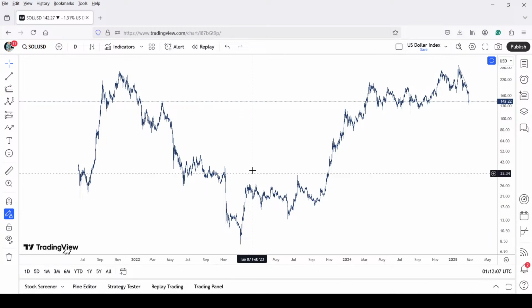Is it wave 1, wave 2, and some sort of an expanded flat wave 4 could be possible as well. So instead of rushing into the trade right now, let's wait for one more session, both in Bitcoin and Solana, and then we'll commit ourselves.